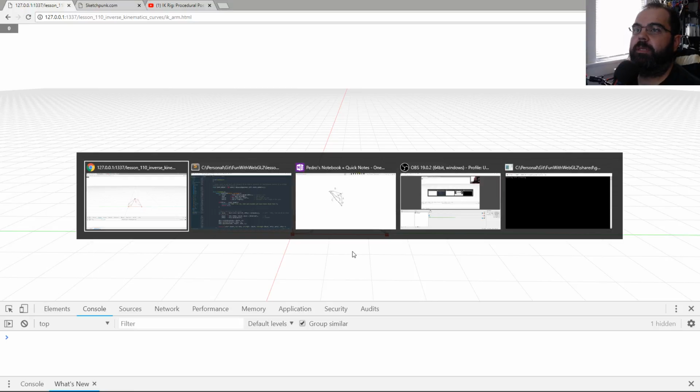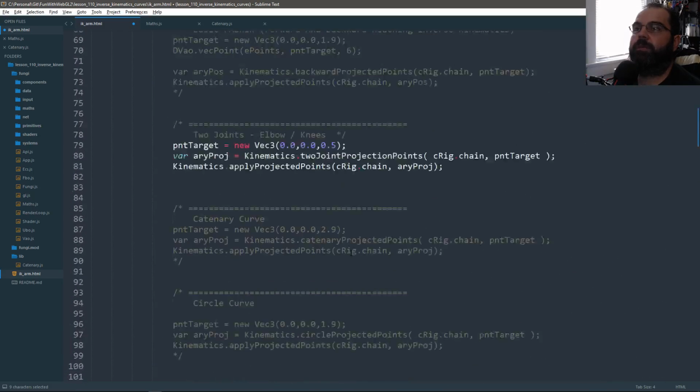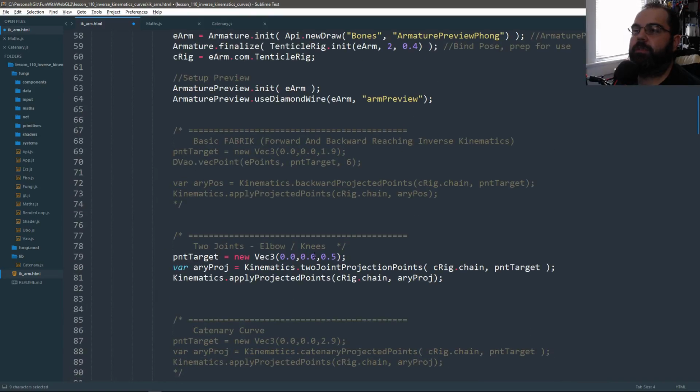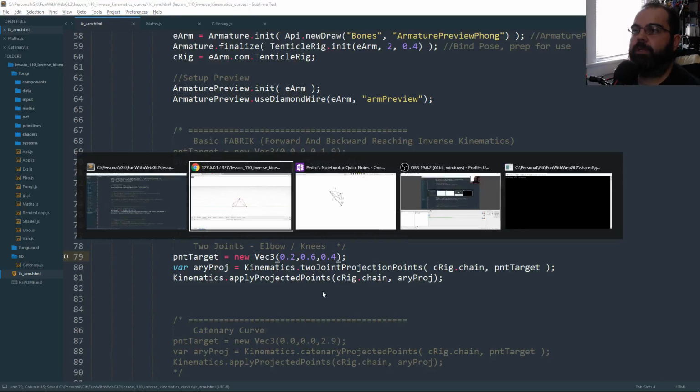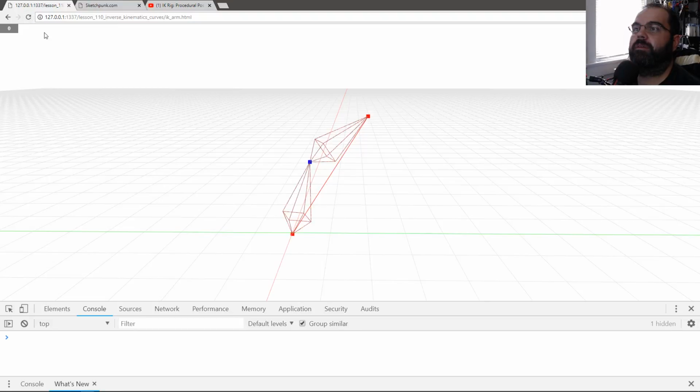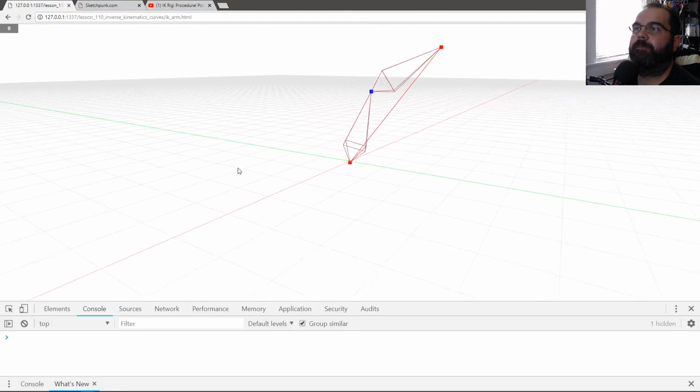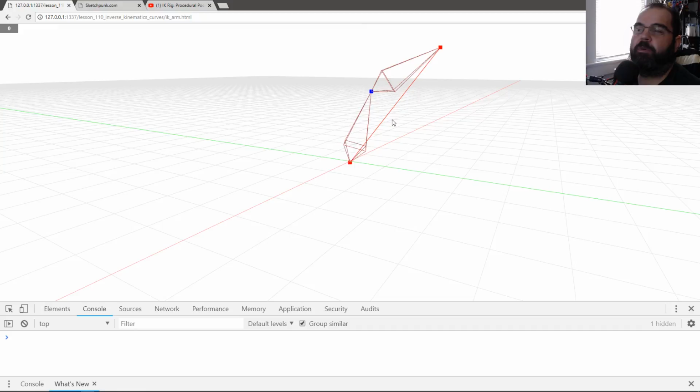Let me go up here and change things. So I can change the endpoint all I want. Let me just move the endpoint there. And see, like I said, it does a perfect job of it. That's the endpoint, and that's it.